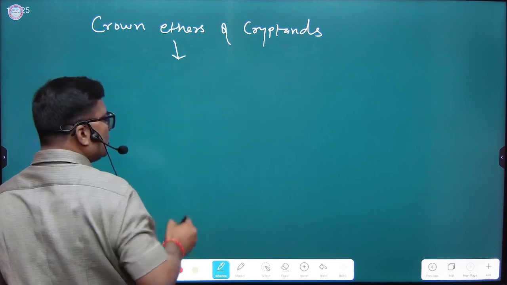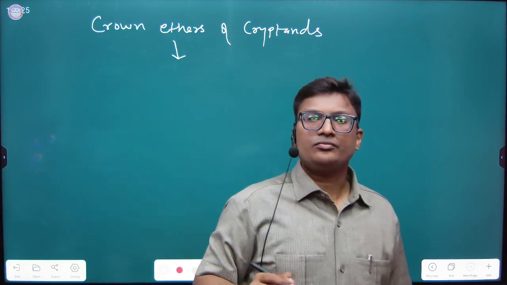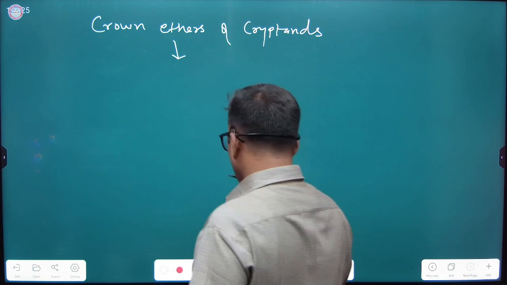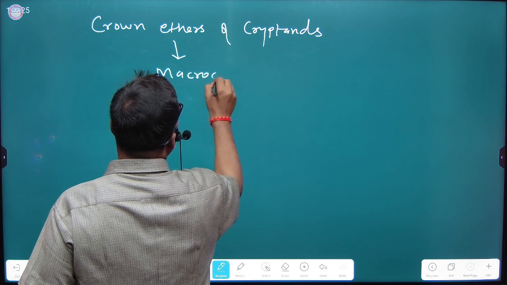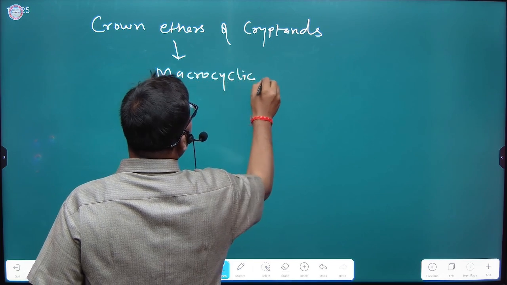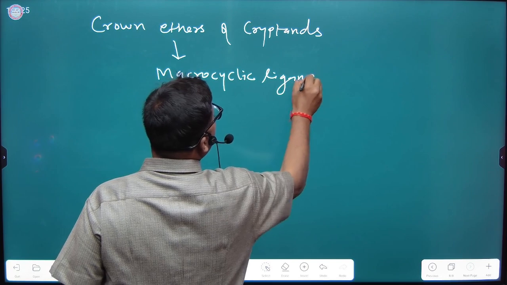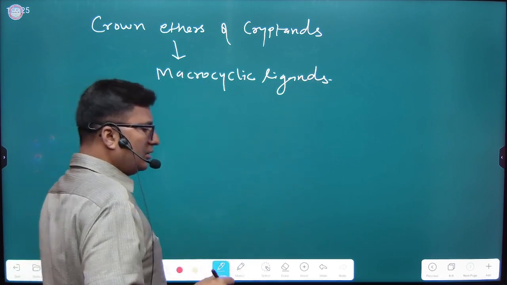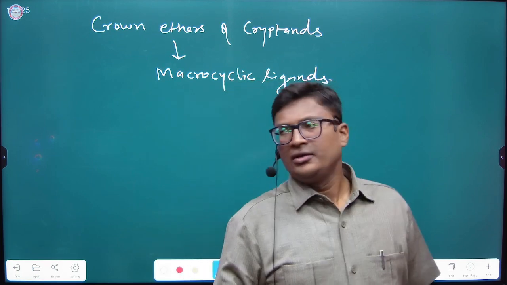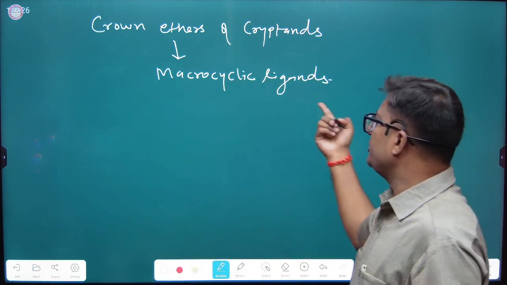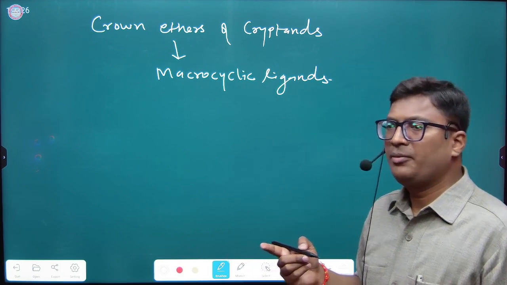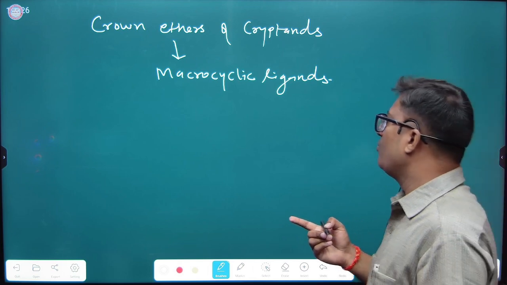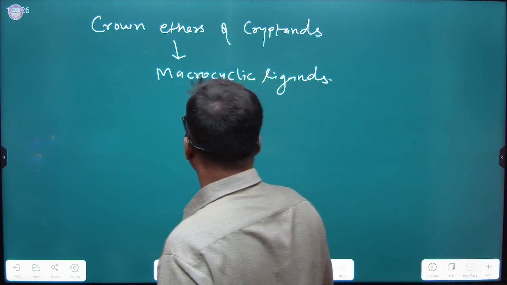They are macrocyclic ligands. Macrocyclic ligands means these species have a ring-like structure which have more donor sites, right?